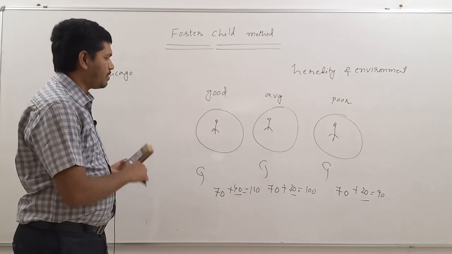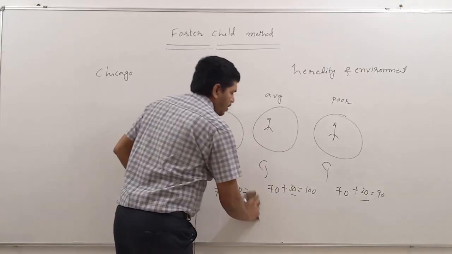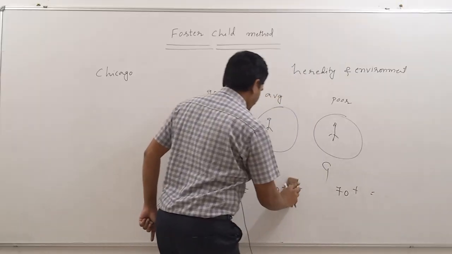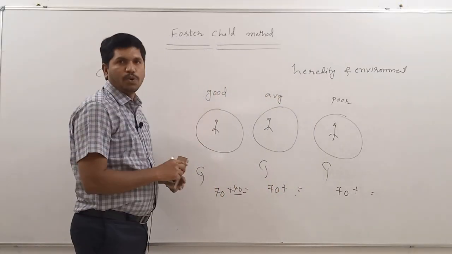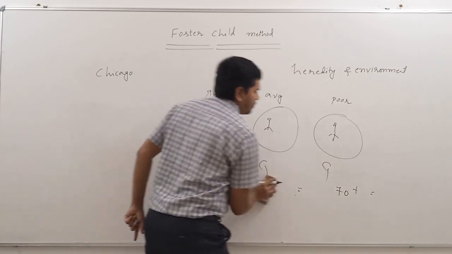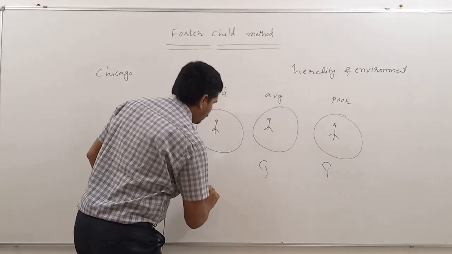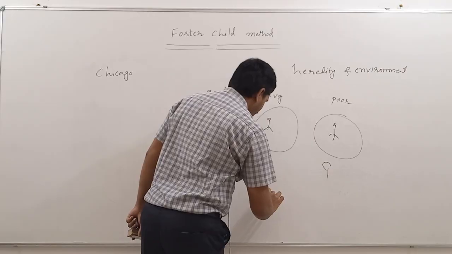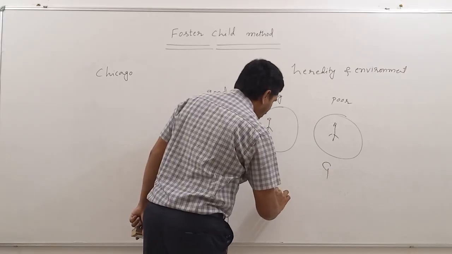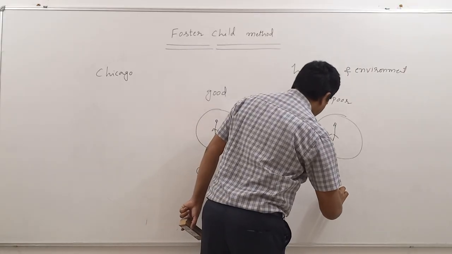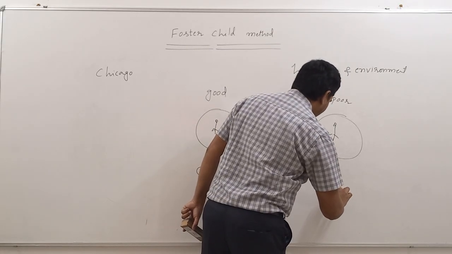Then they found that in the children reared in good homes, there was an IQ level of 112 points. In the children reared in average homes, there was an IQ level of 105 points. In the children reared in poor families, there was an IQ level of 96.